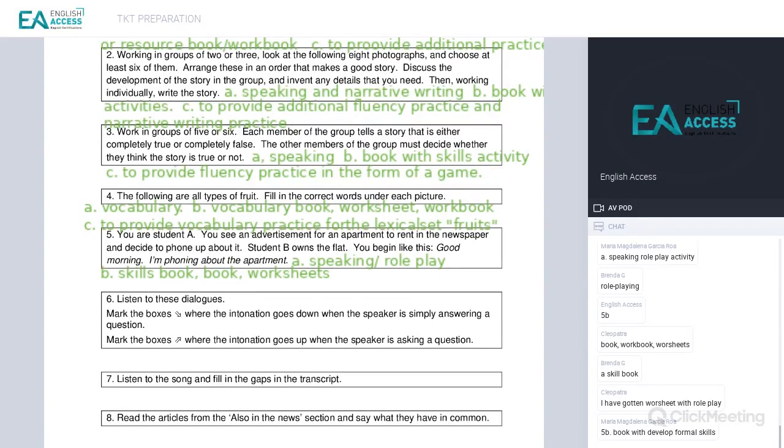Okay, book with developing formal skills. Interesting one. What do you mean by formal skills, Magdalena?